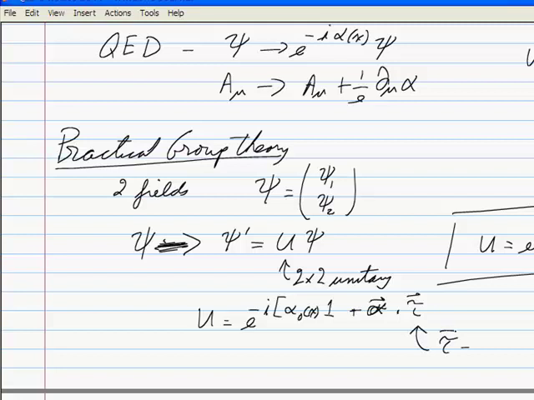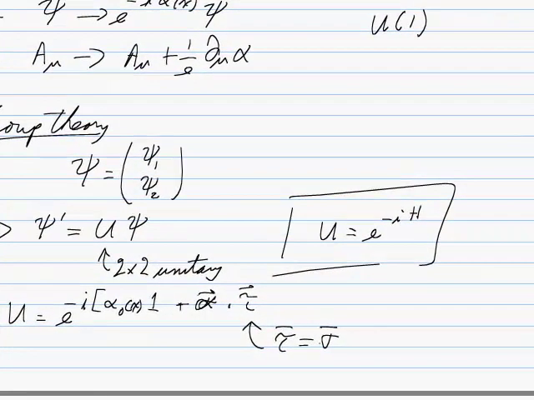But we want to keep spin out of the game. These are just the 2-by-2 Pauli matrices.